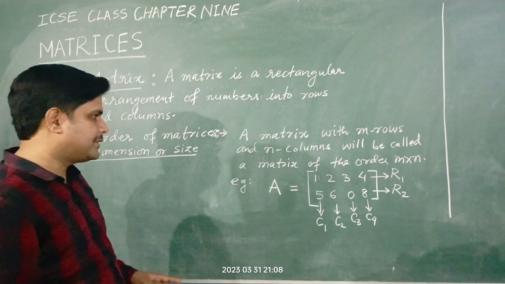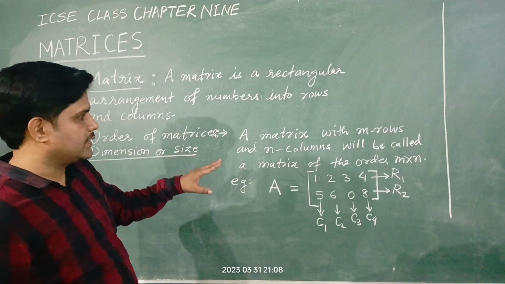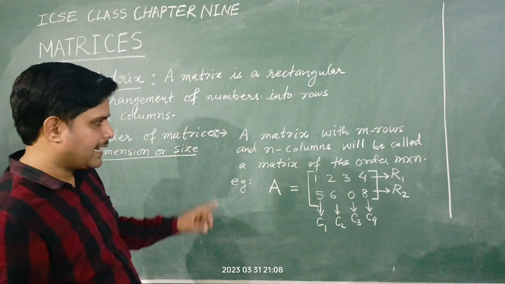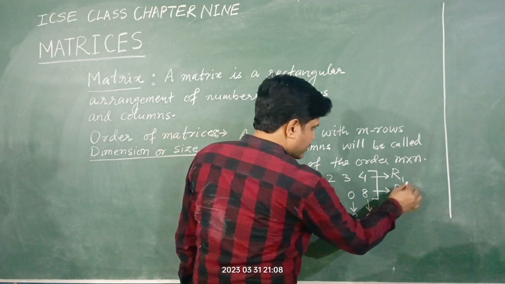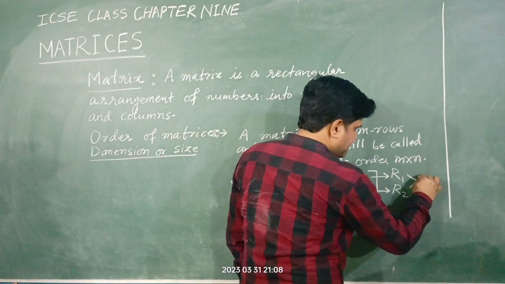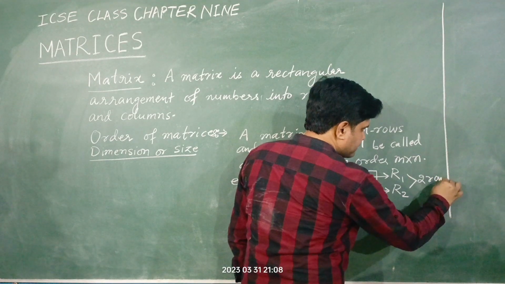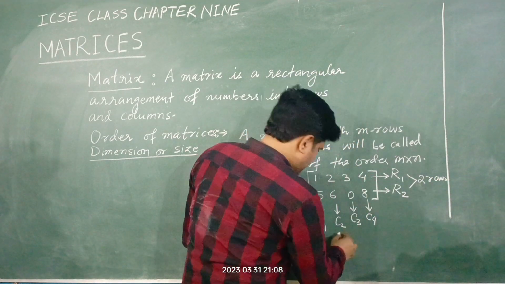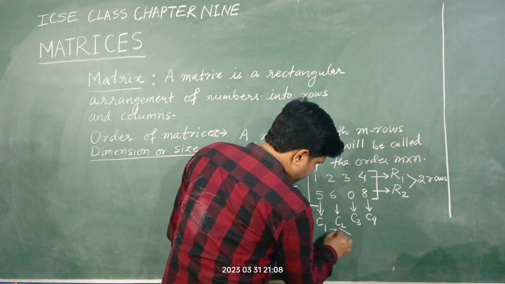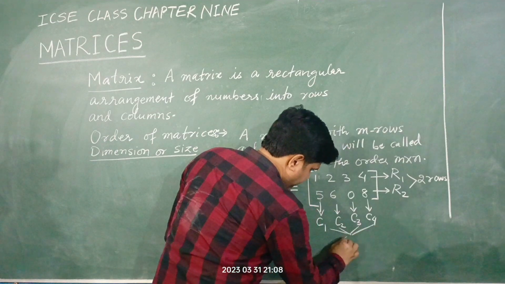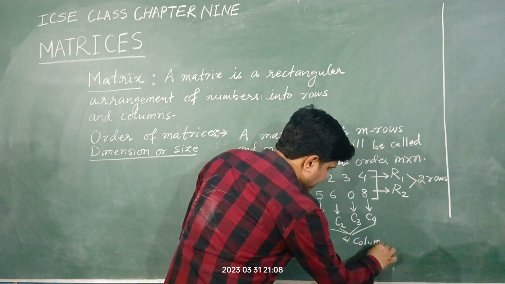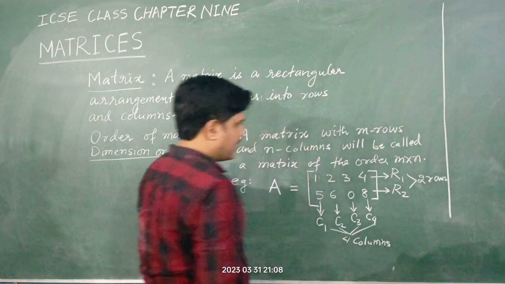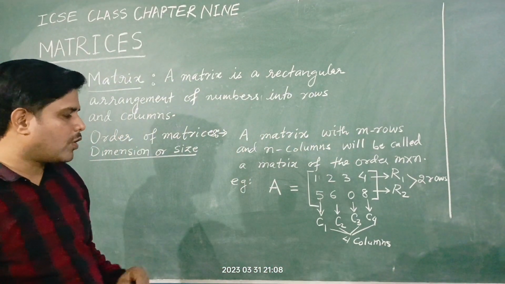Now, if I have to determine what is the order of this matrix, since it has row 1 and row 2, which makes it 2 rows, and 1, 2, 3, 4, you have 4 columns. Now these are 2 rows and 4 columns.